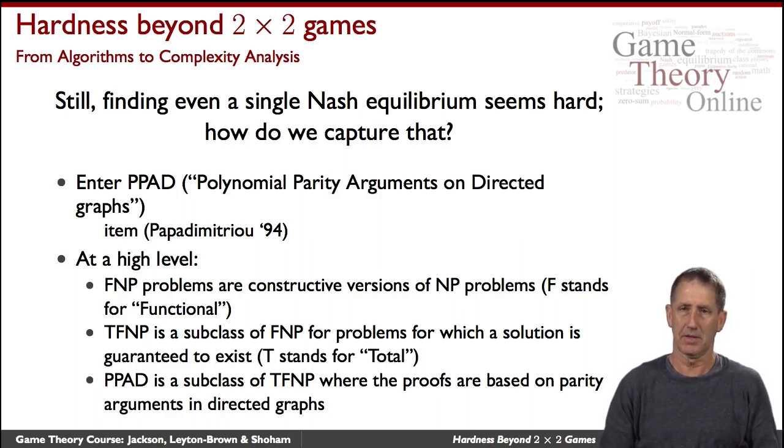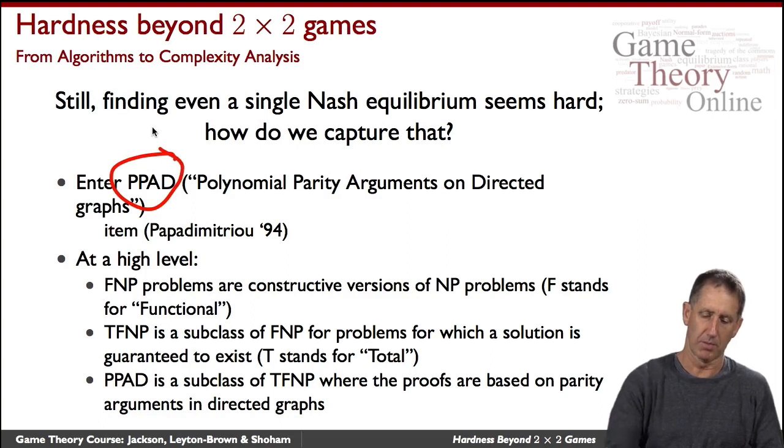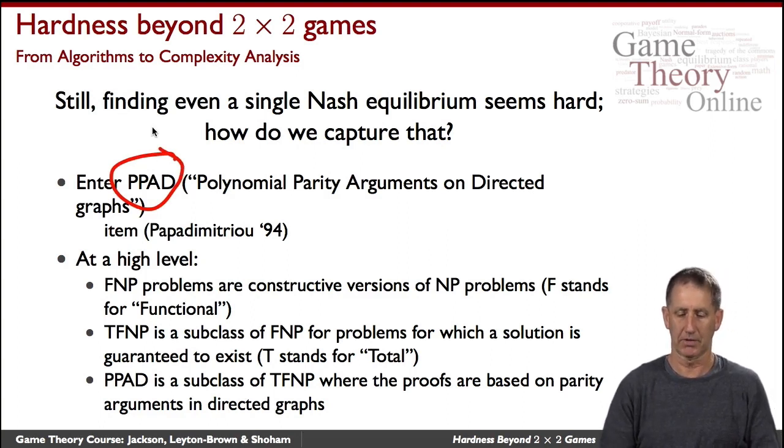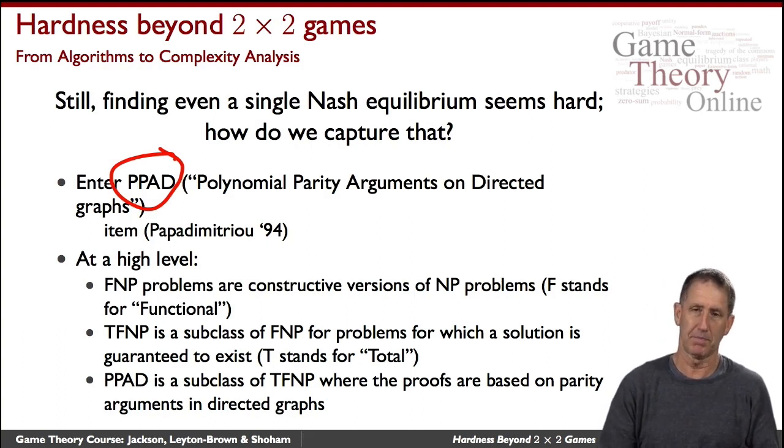The essential concept is that of a new class of problems called PPAD, for polynomial parity arguments on directed graphs, introduced by Christos Papadimitriou in 1994. We won't go into detail, but just so you know the chronology, PPAD is a specialization of a class called TFNP, which in turn is a specialization of a class called FNP.